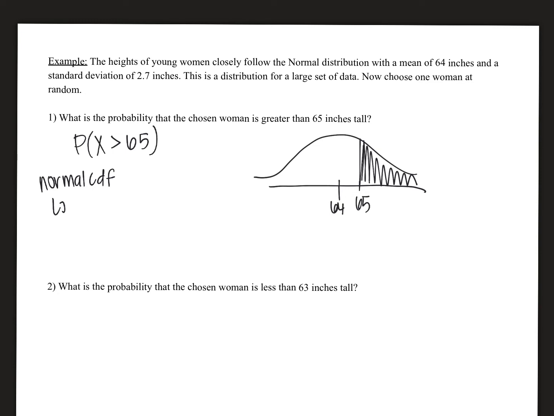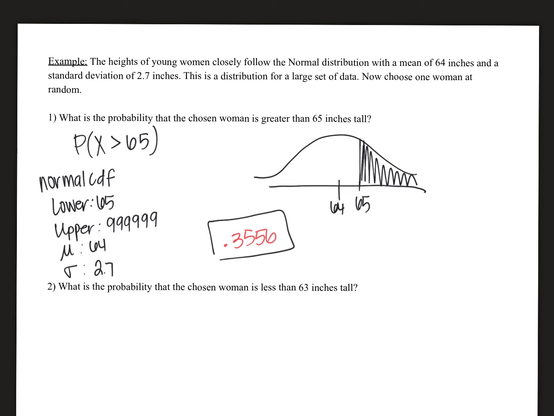So we want our lower bound to be 65, our upper bound to be our 9s. We're going to plug in our mean of 64 and our standard deviation of 2.7. And we're going to get a probability of 0.3556. And we are going to want to make sure we round to 4 decimal places here.